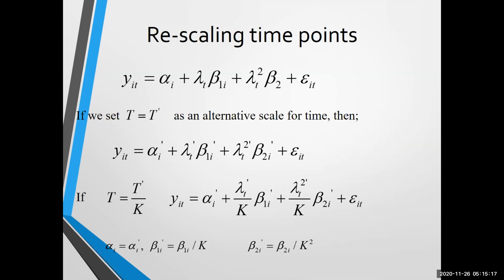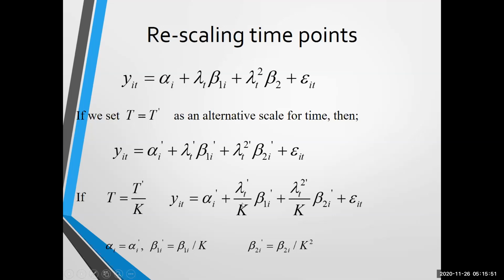Therefore, it's possible to convert from parameters with one type of centering to others. So this is how you do it. If you have the original scale of time and you switch to another scale of time, the new scale is a function of the other scale divided by k.